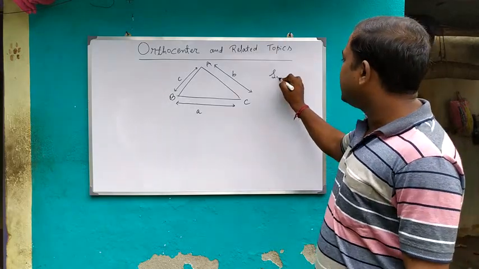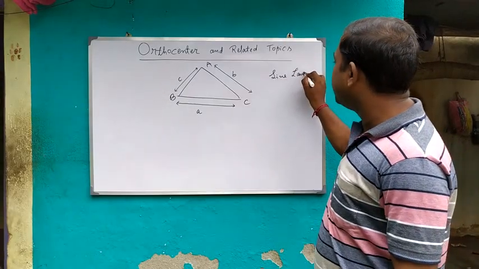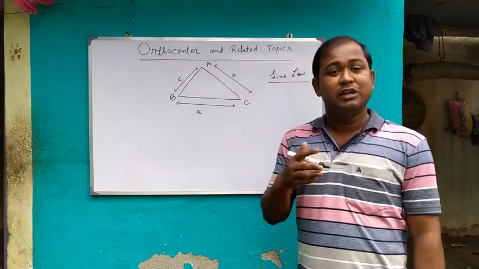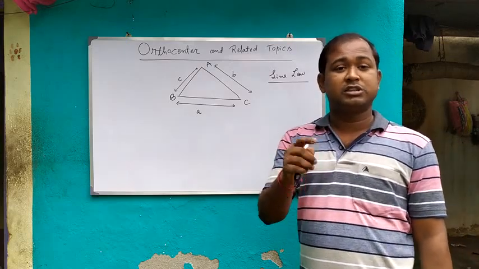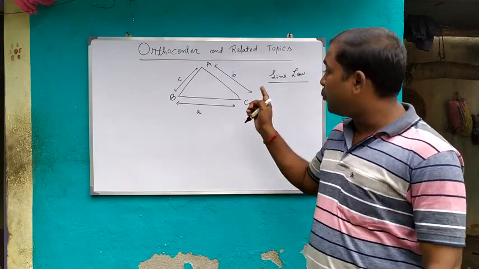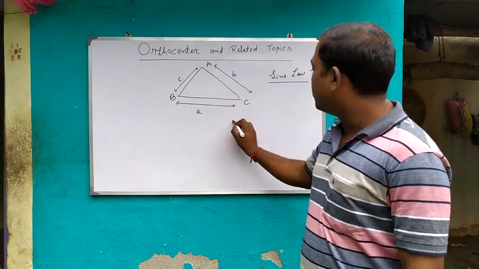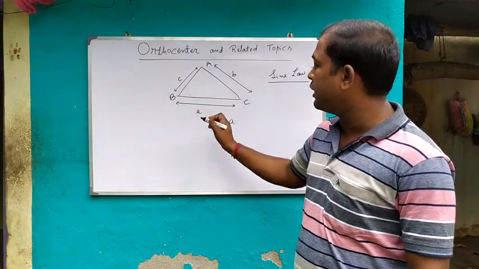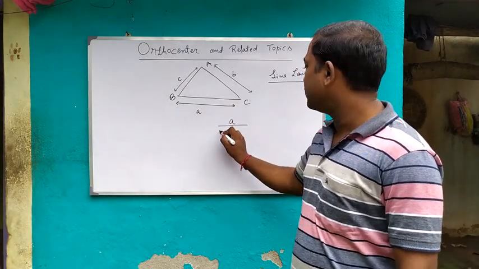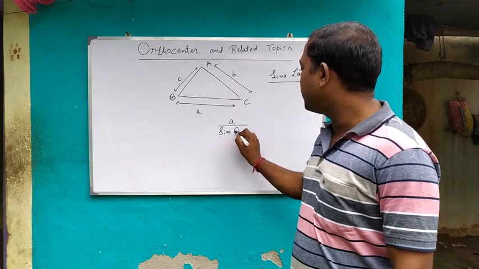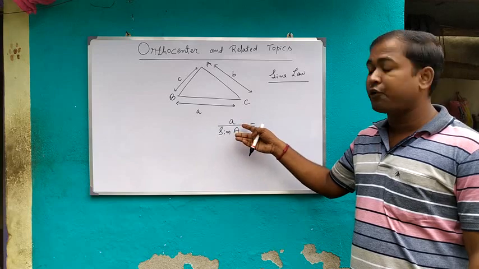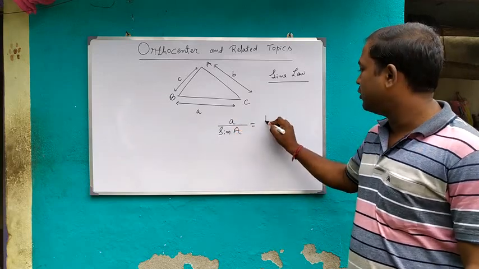Now what does the sine law basically state? It gives the ratio of the side to the sine of the angle opposite to that side. So I'm writing side a, and the angle opposite to small a is capital A, so I'm writing a upon sine A. What I'm saying is that this ratio is always constant.